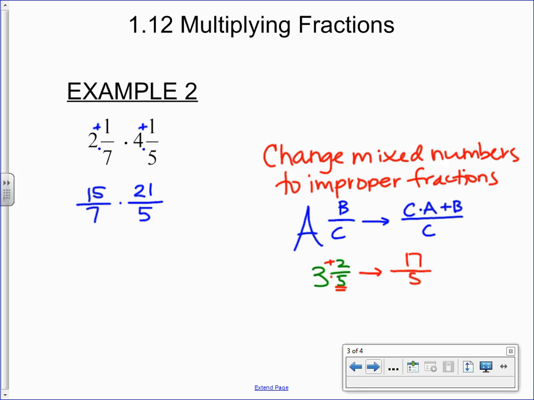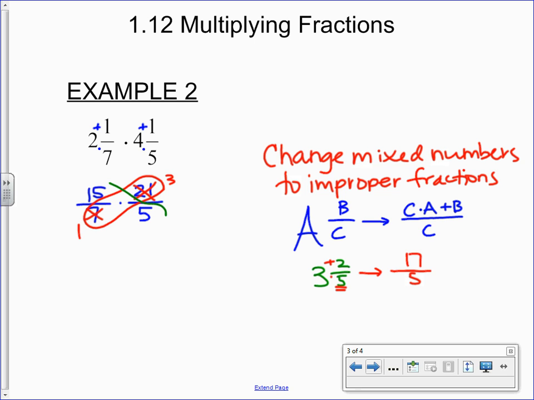So now this is very similar to what we had in example 1, two fractions multiplied together. We're going to try to cross-simplify if possible. So I'm going to look at the 21 and 7. Both of those numbers can be divided by 7. 7 divided by 7 is 1. 21 divided by 7 is 3.